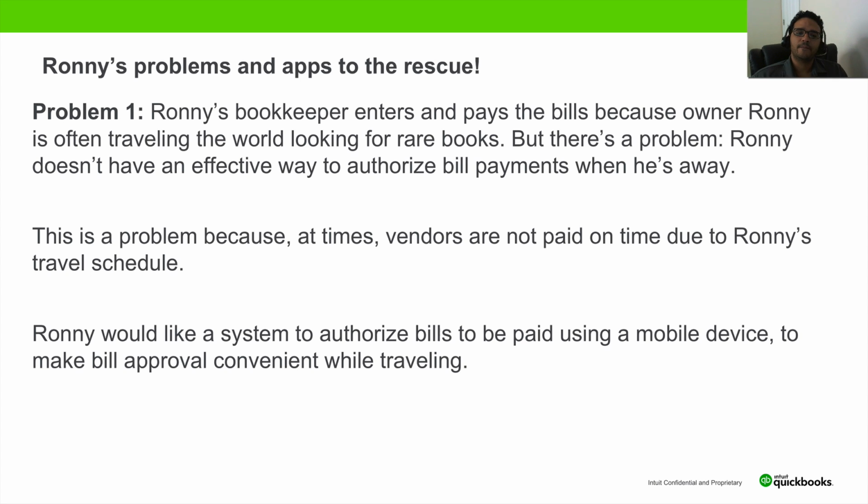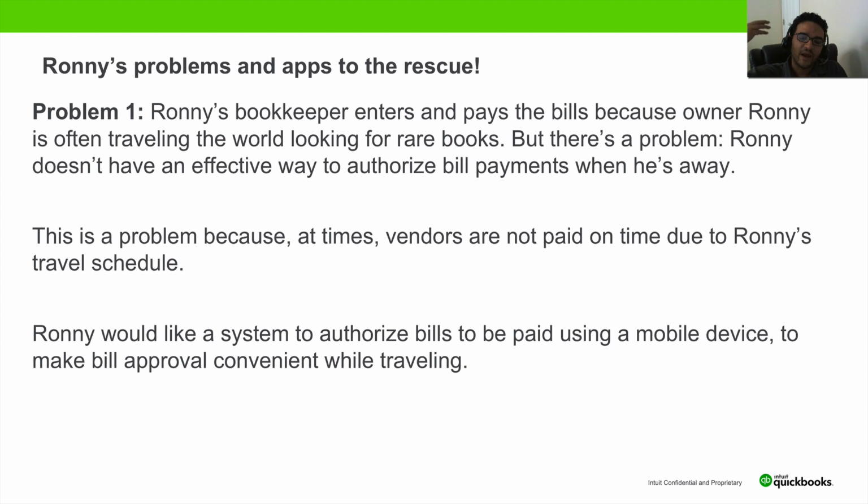So let's say Ronnie's bookkeeper enters and pays bills in QuickBooks Online, but Ronnie is traveling often. Ronnie doesn't have an effective way to authorize and say, yes, pay this bill, no, don't pay that bill. And the problem is that sometimes Ronnie wants to pay those bills in time, some he wants to purposely delay payments for whatever reason.